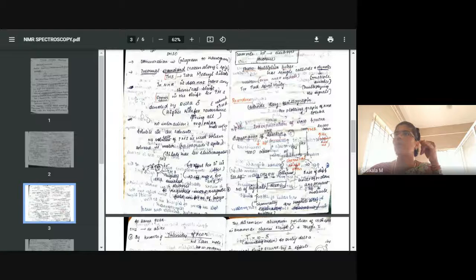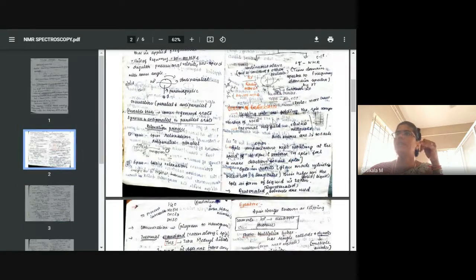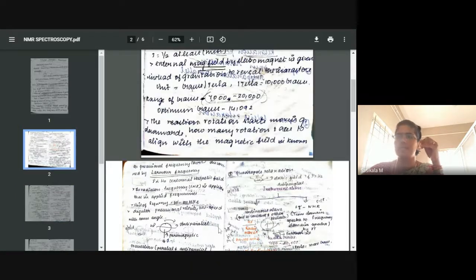Through those three processes, the nucleus comes back to the ground state. This flipping from parallel to anti-parallel and anti-parallel to parallel orientation is known as flipping of the proton. This is how nuclear magnetic resonance is obtained through spectroscopic analysis.